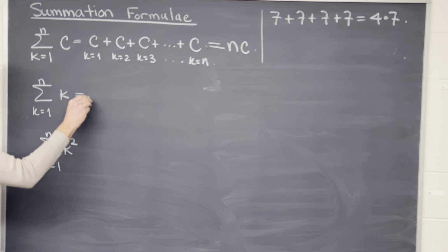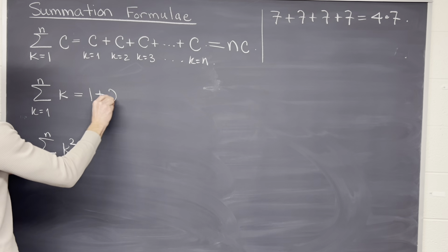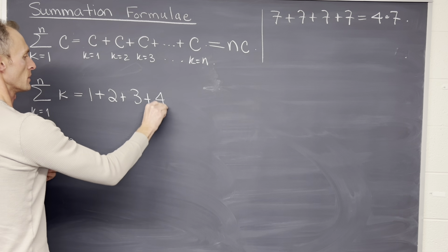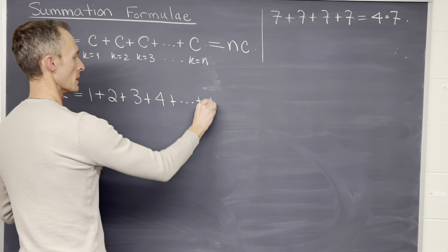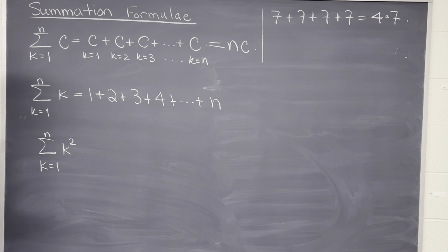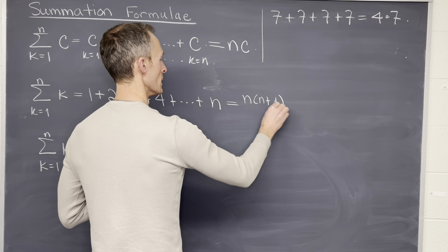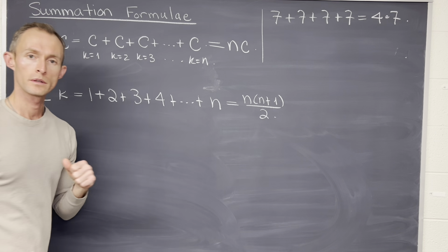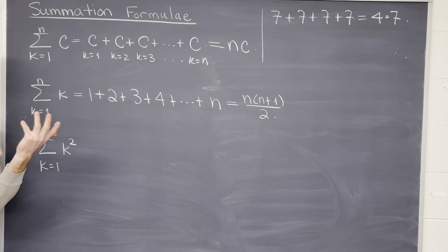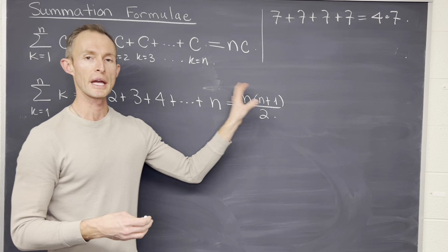Now what about this one? This one is k is 1, then k is 2, k is 3, k is 4, and so on, all the way up to k is equal to n. There's a very nice concrete formula for this. It's equal to n times n plus 1 all over 2. Why does it make sense that it depends on n?